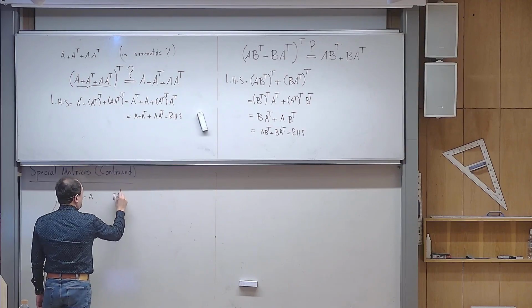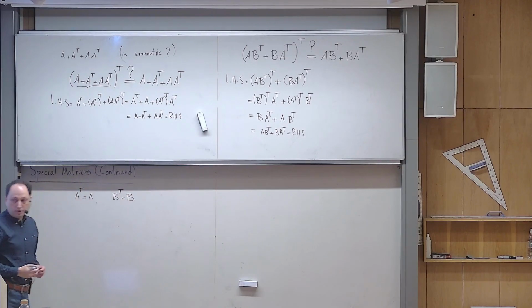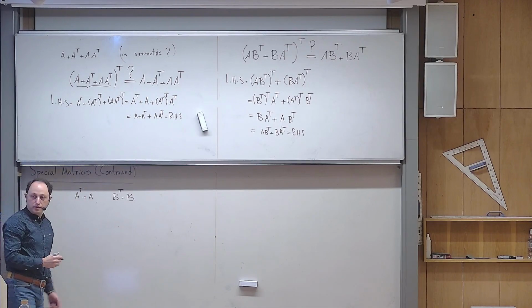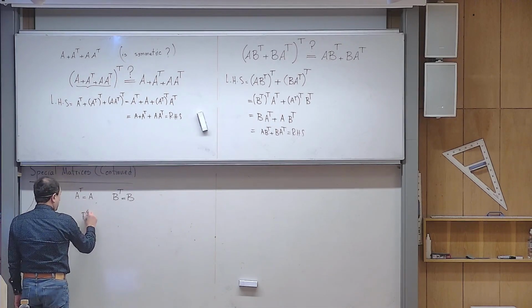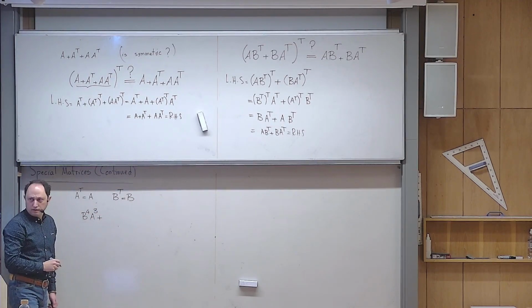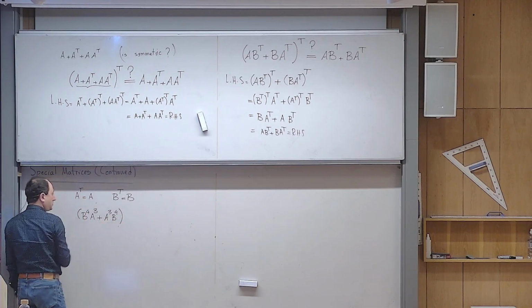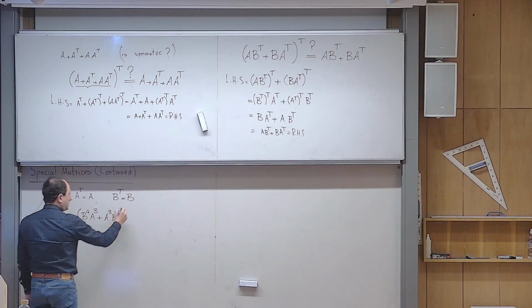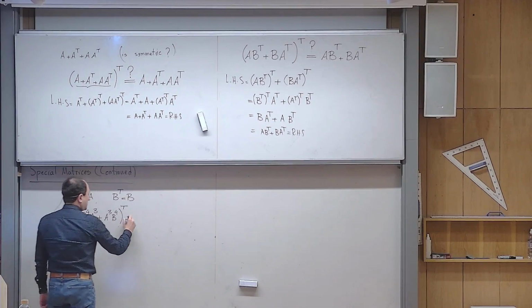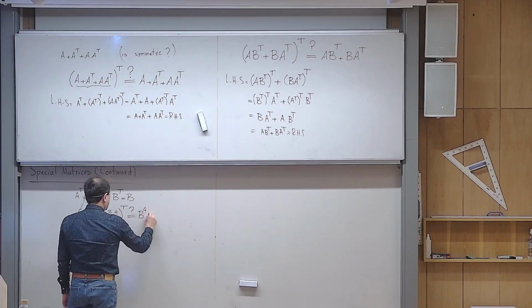The same for B. B is symmetric, so I already know that B transpose is equal to B. And then I want to have this combination: B to the power of 4, A to the power of 3, plus, I think the other way around, A to the power of 3, B to the power of 4. I want to show that this matrix is symmetric. So in order to show that the matrix is symmetric, I have to transpose it and convince myself that this is exactly equal to the matrix itself.